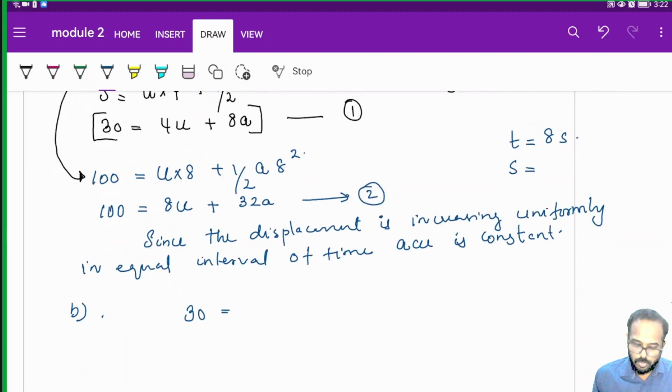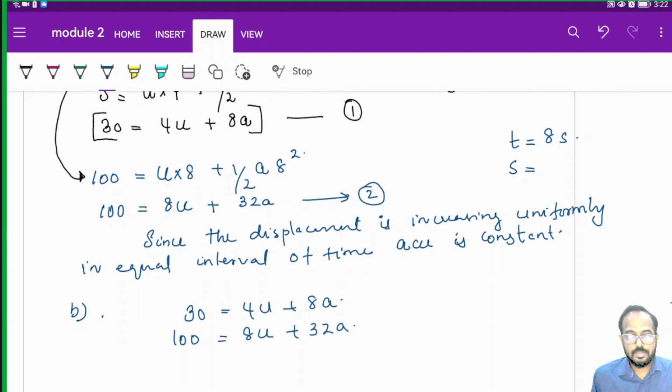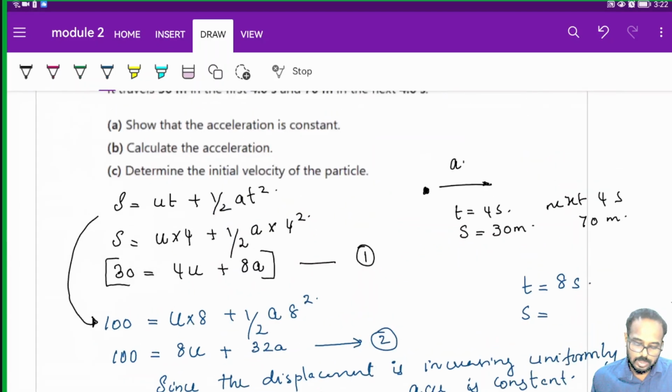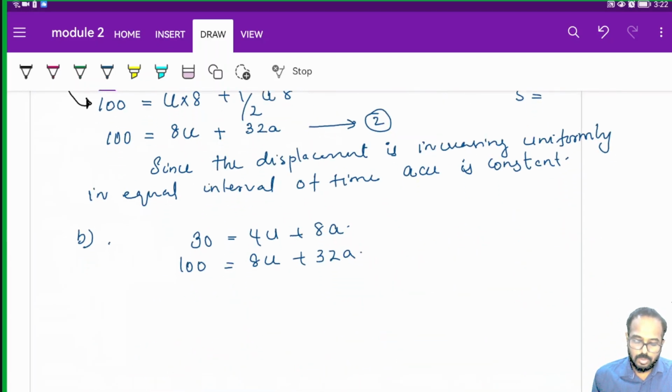30 equals 4u plus 8a. 100 equals 8u plus 32a. Right? You know how to solve this equation, right? Solve these equations and find out the value of acceleration first. Acceleration means you need to eliminate u from these equations.